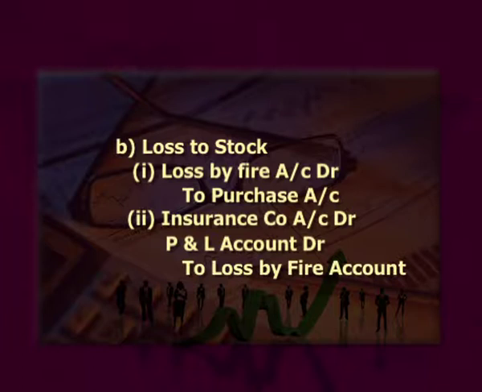Or loss to stock: loss by fire account is debited to the purchase account. Insurance company account is debited, that is amount of insurance. P&L account is debited to loss by fire, which is total amount of abnormal loss.